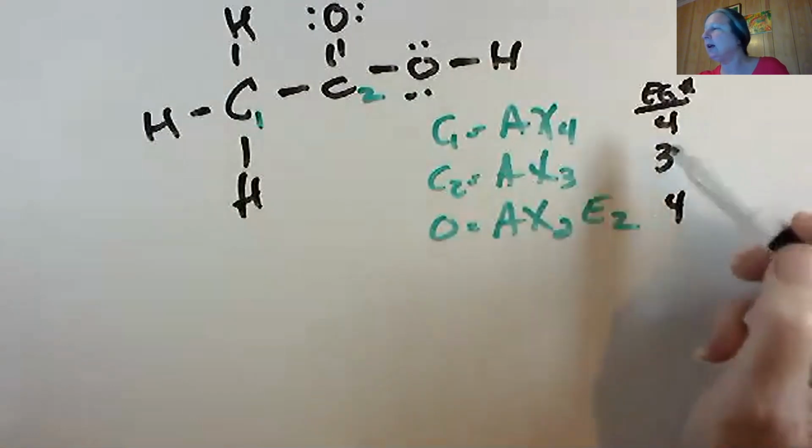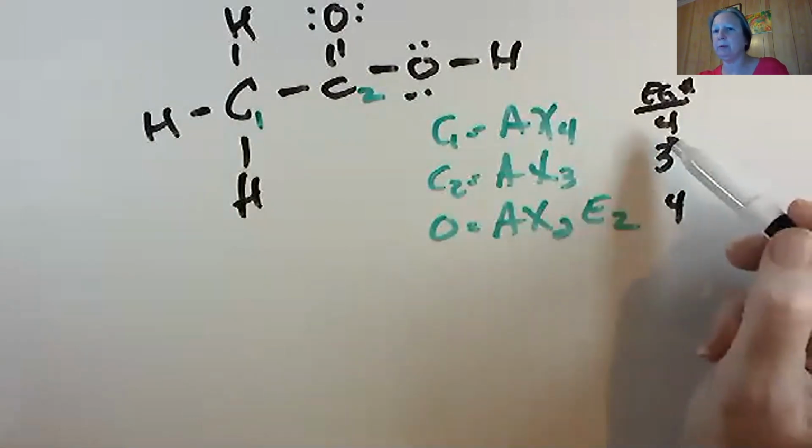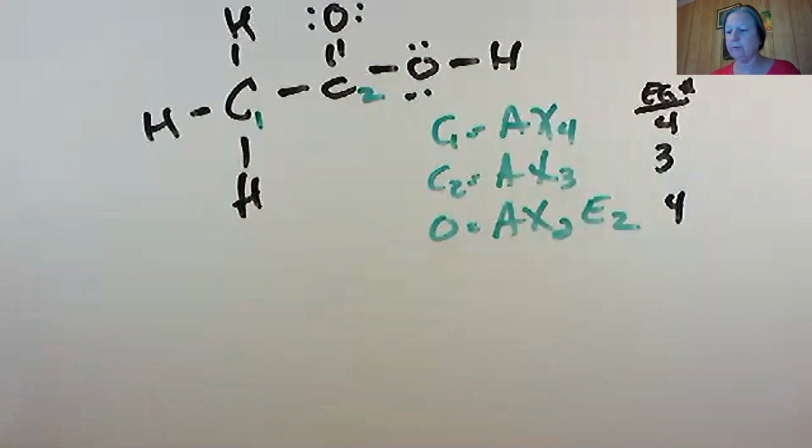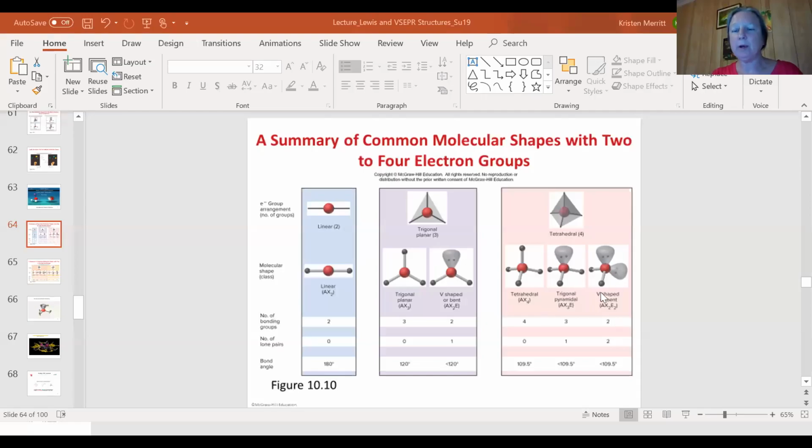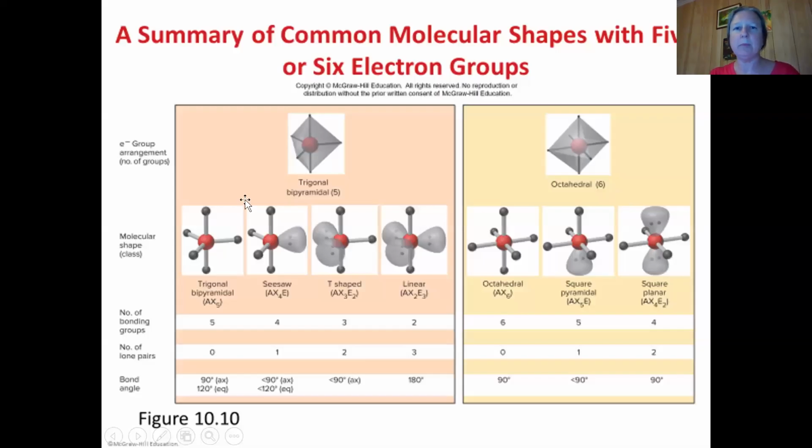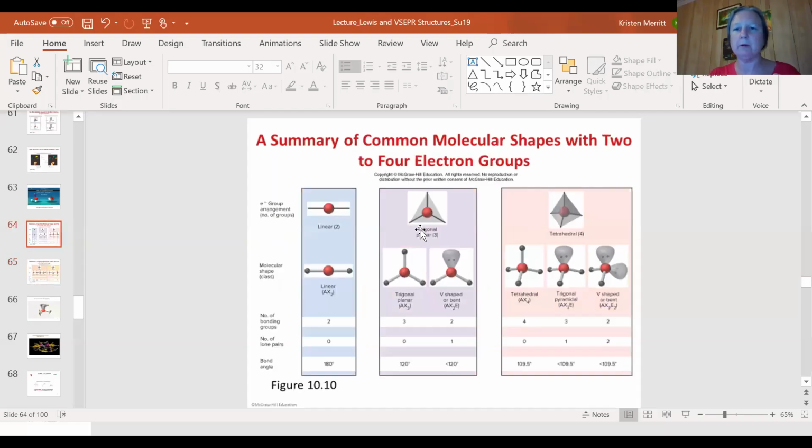So therefore, the electron group arrangement, let's go back and look at the slide. The electron group arrangement for 4 is tetrahedral.